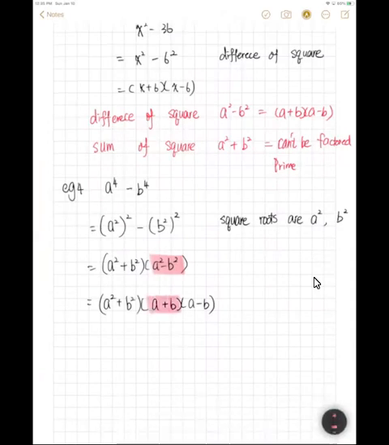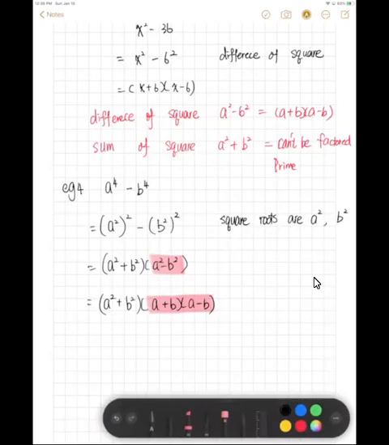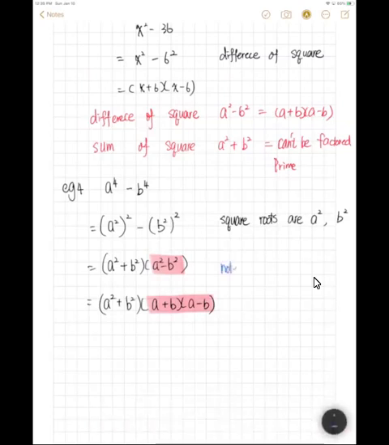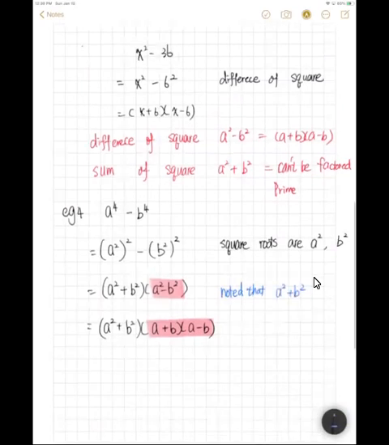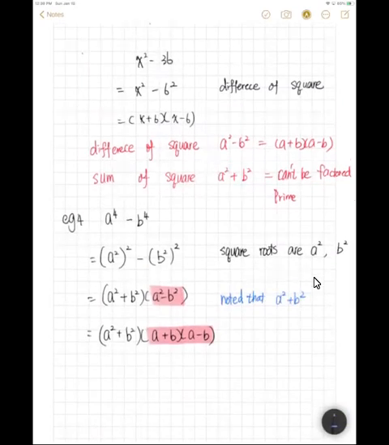So that means the red part can keep being factored as the next red part. So notice that the a squared plus b squared is what? What we just summarized before is that it can't be factored, it's prime. So that means this remains what it is. Okay.